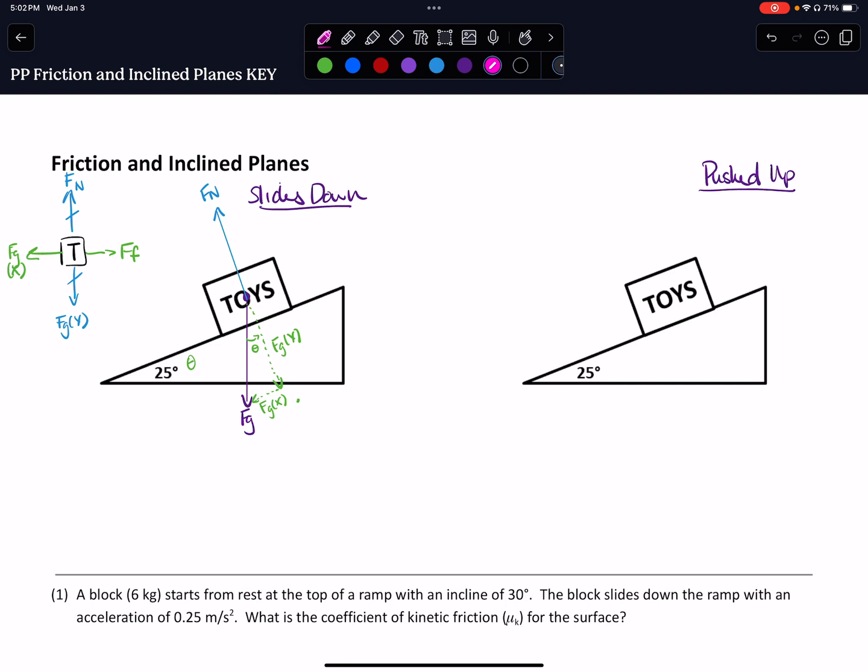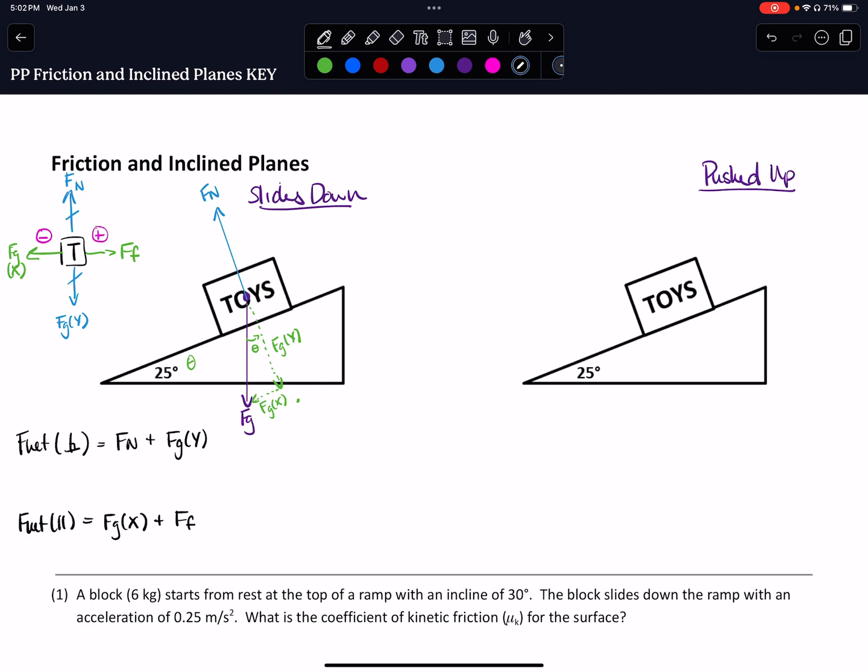So let's talk about signs. We've designated uphill as positive and downhill as negative. If we write our F net equations for the perpendicular motion, it's going to be equal to our normal force plus that y component of gravity. If instead we look at our parallel forces, parallel to the motion, we're going to have our force due to gravity's x component, and then we're going to have our force due to friction.